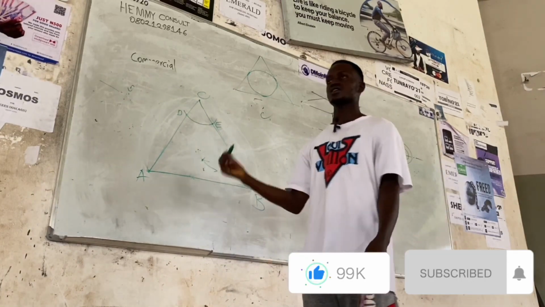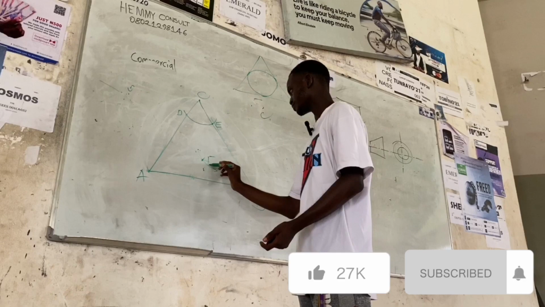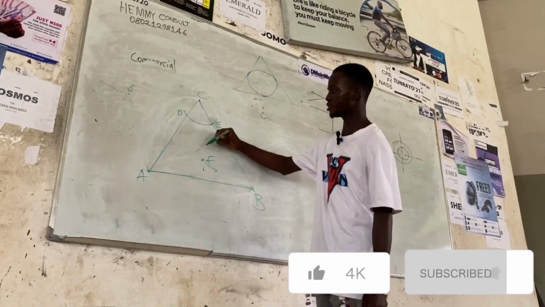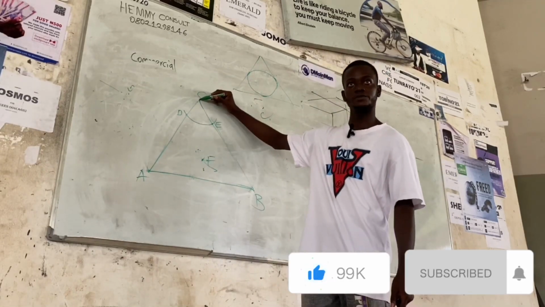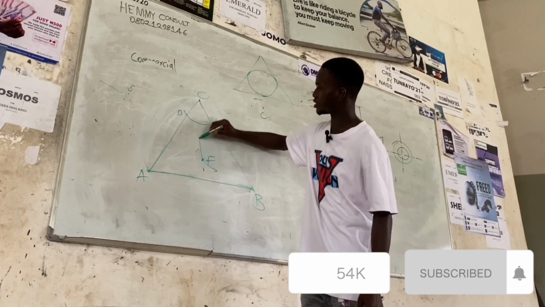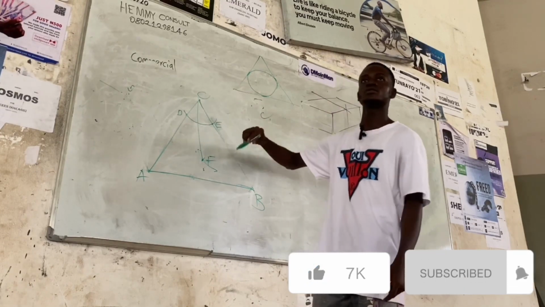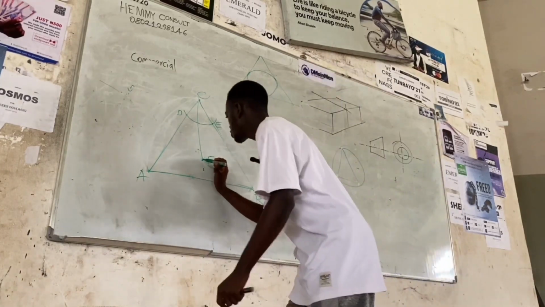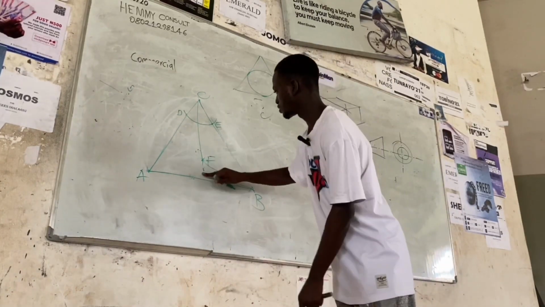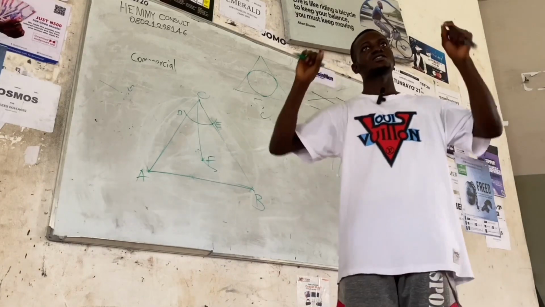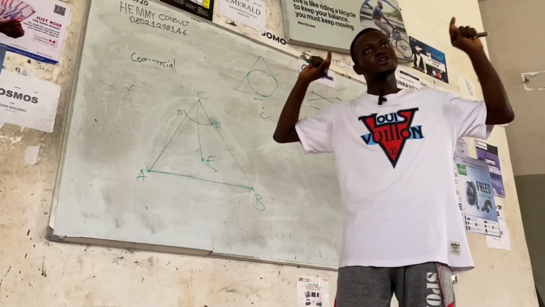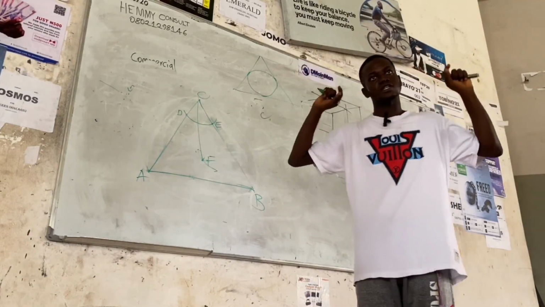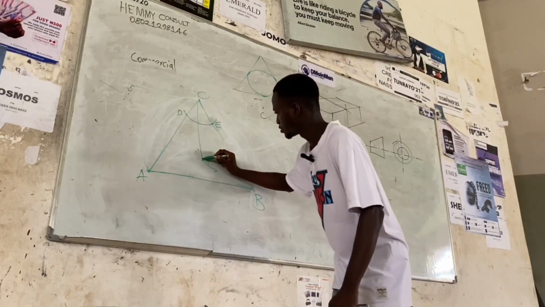Then this point you can decide to name it your F. Then you join this point to this very point. Yeah, something like this. Please make sure it goes all the way down. As long as it's a thin continuous line, please, we are making use of our thin continuous line, just as I've said earlier on.